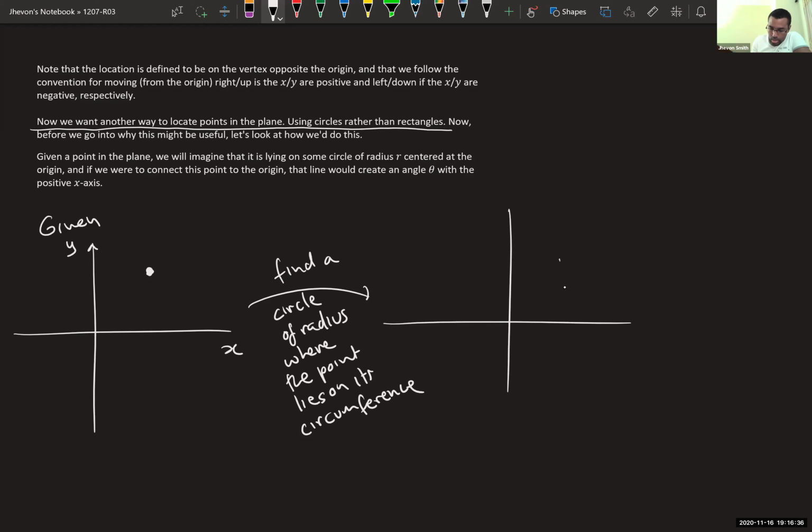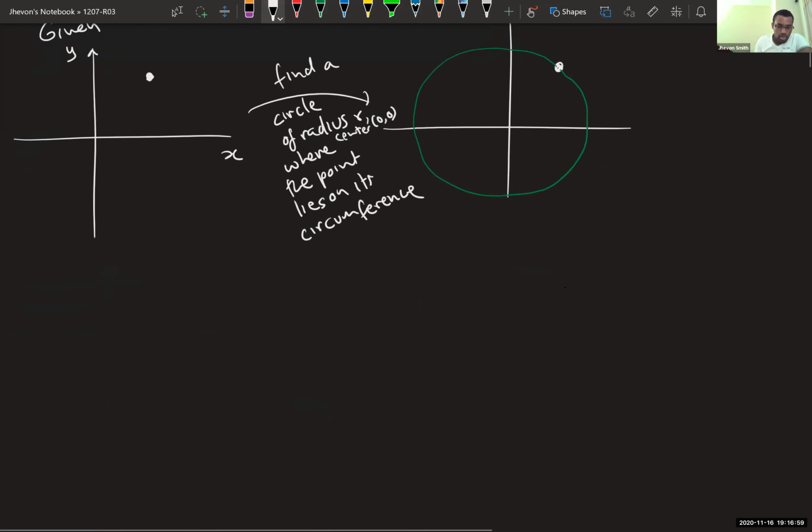So this is my point here. What I do is I imagine I could find a circle centered at the origin of radius r, center 0, 0, such that that point lies on that circle. Then extend a line from the origin to the point.